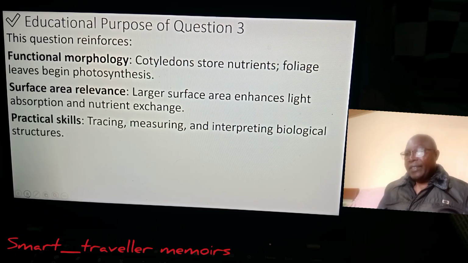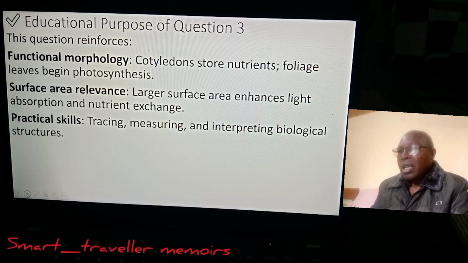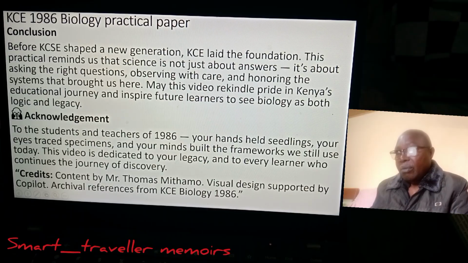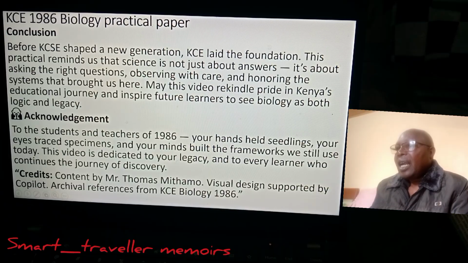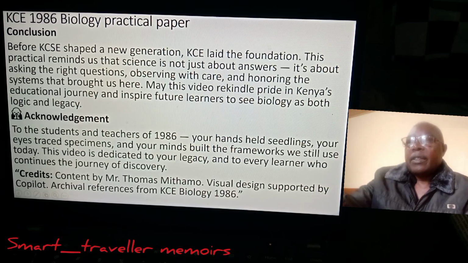Surface area relevance: large surface area enhances light absorption and nutrient exchange. Practical skills: tracing, measuring, and interpreting biological structures.